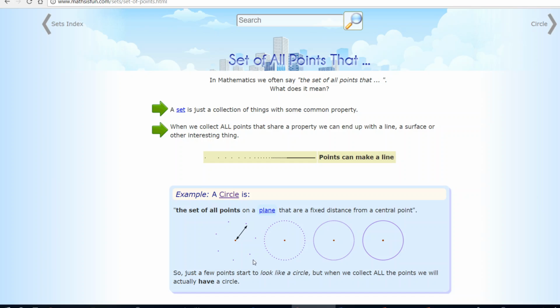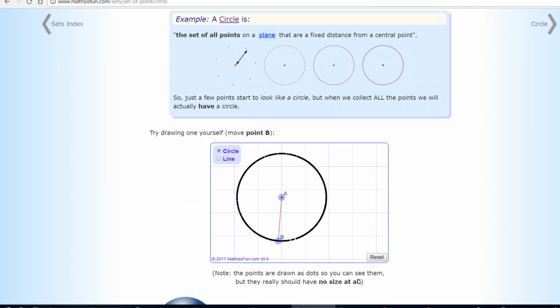Just a few points starts to look like a circle, but when we collect all the points, we actually have a circle. So that's where we get our definition: the set of all points on a plane that are a fixed distance from a central point. And I love this little tool here. You can just draw around and see that it is the set of all points on a plane that are a fixed distance from a central point.